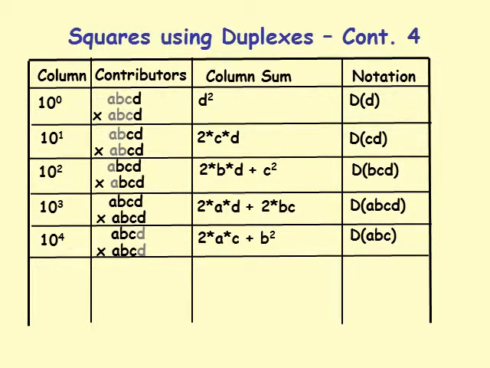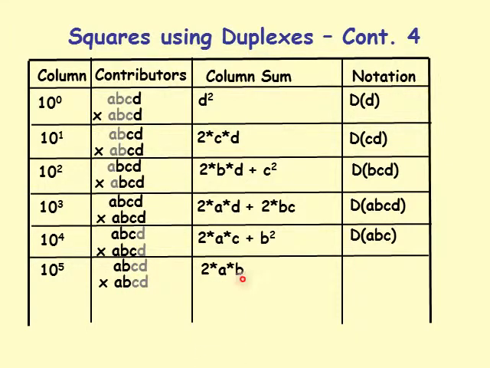So we have already gone that far in the previous slide. Let's continue. On the 10 to the 5th power column, which is 100,000, only these 2 digits contribute. These are the contributors here. AB crosswise and AB crosswise. When crosswise, you have twice that.